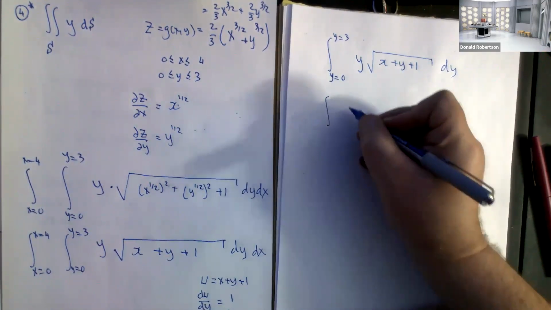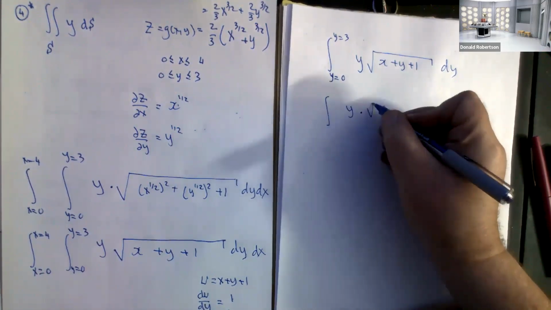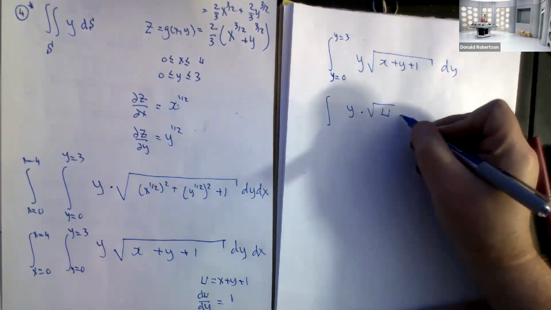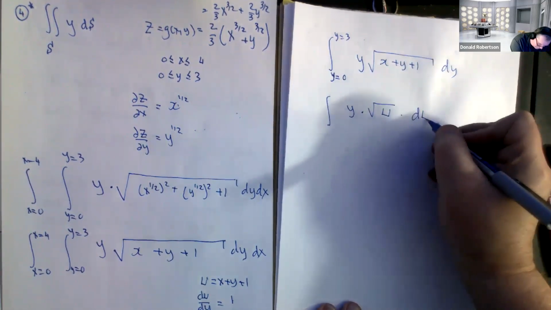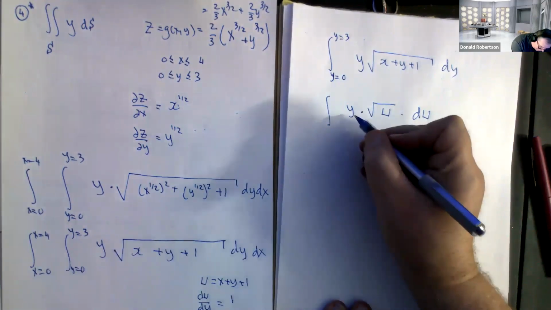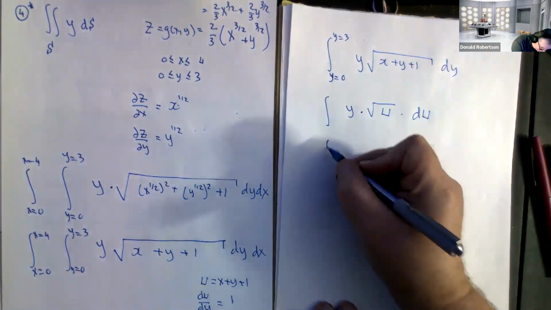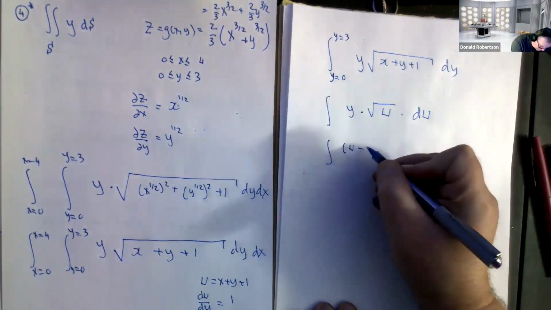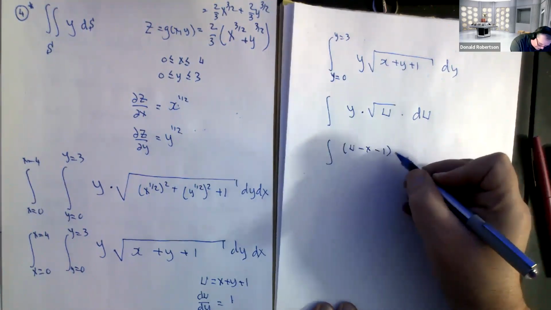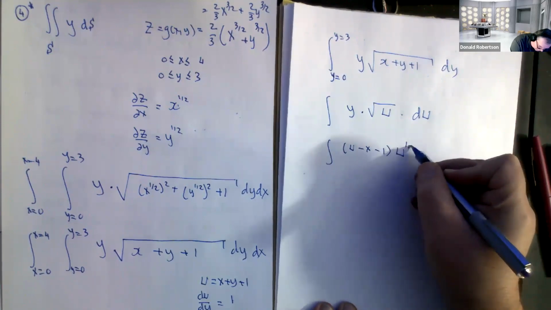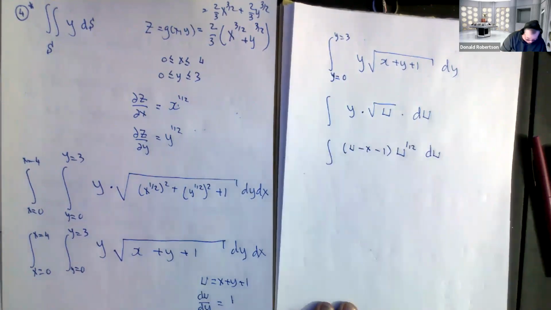So it's going to be the integral of y times the square root of u, and the dy just turns into du. So that's pretty good. The big problem is that we've got a y left over. Well, you can rewrite it and say that y is u minus x minus 1. So u minus x minus 1, and the square root of u, I'm going to call it u to the half du.